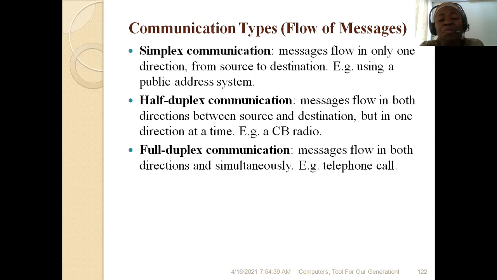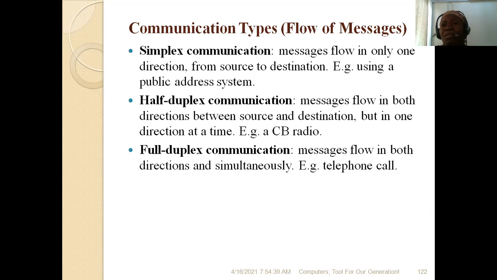Then you have the half duplex communication. This is the type that allows messages to flow in both directions, two-way communication flow. But it doesn't mean that the communication flows at the same time, because there will be confusion. What happens is there are two people, source and destination.